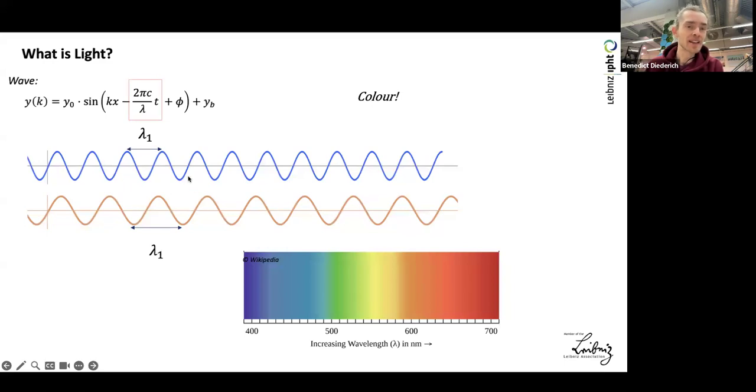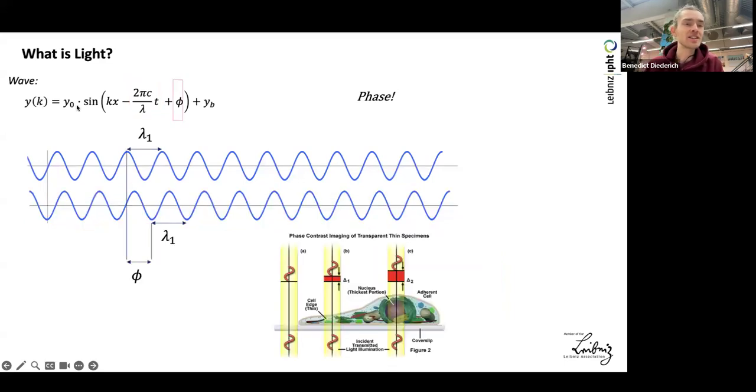What humans can see is somewhere between UV and near infrared, which is 400 to 700 nanometers. And then you also have the ability to shift the phase. If the sinusoidal wave is just traveling in free space, it may be altered by some medium, so then it's not free space or vacuum.